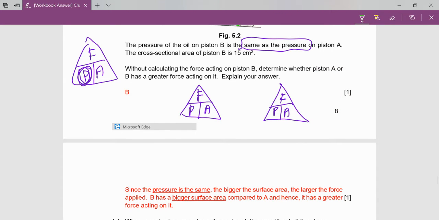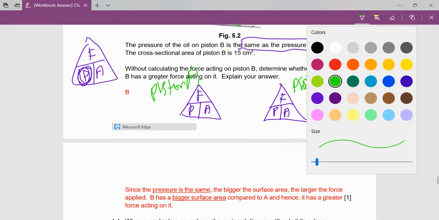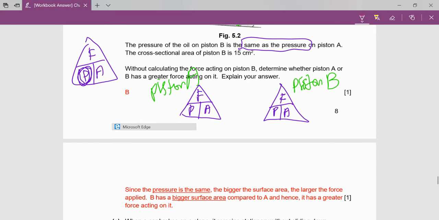Alright, for piston B, let's let it be the one on the left. Piston A will be the one on the right. So we know that they have the same pressure. Let's say this pressure is 10 pascals.